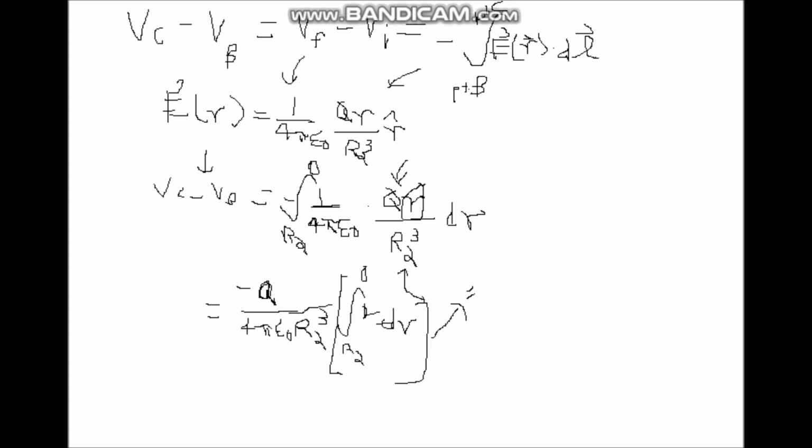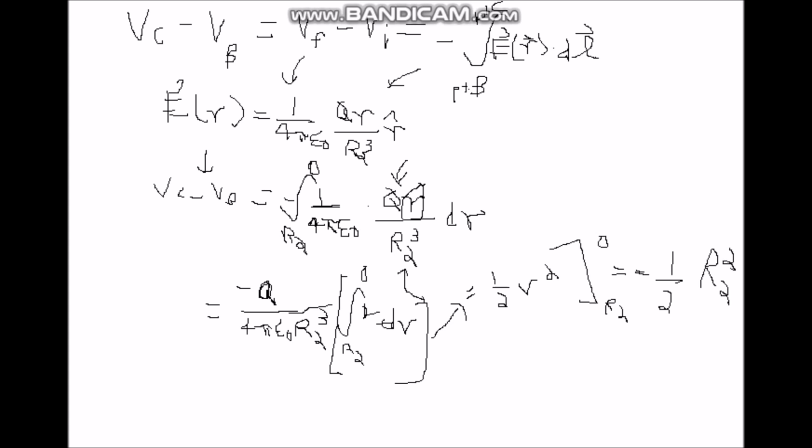When you integrate, you get 1/2 r squared evaluated from R2 to 0. When you evaluate that, you end up with negative 1/2 R2 squared.